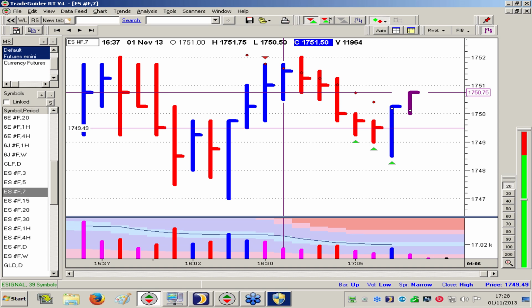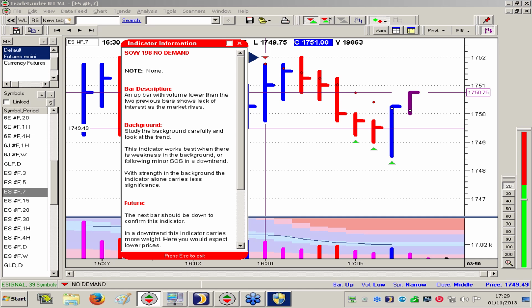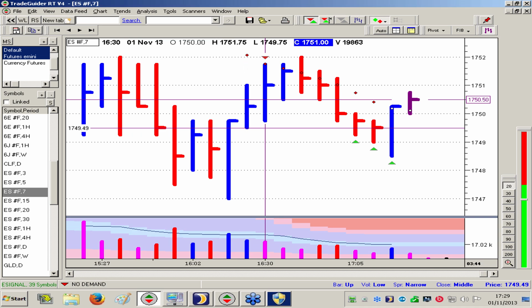And that's what happens. Now this has been marked up, look. Here, it's gone up, look. Blue bar. Look at that low volume. That's why it's come off here. There's even a signal on this one. No demand, look. So it actually tells you automatically what I've just told you. It's been marked up, right?